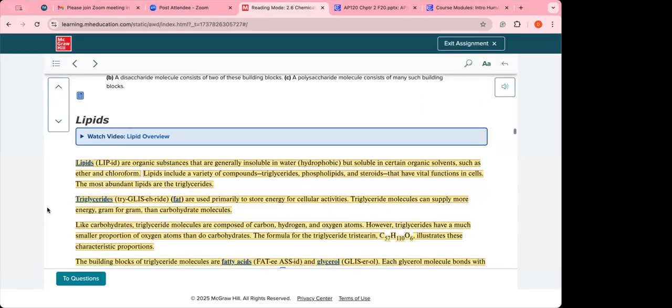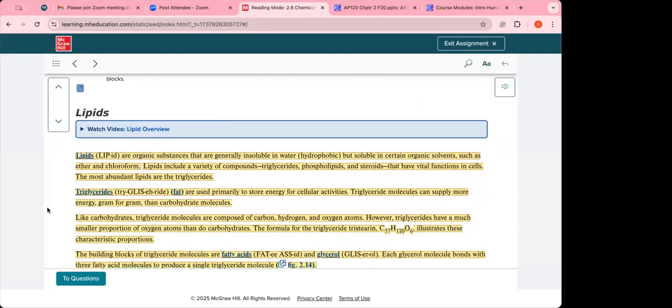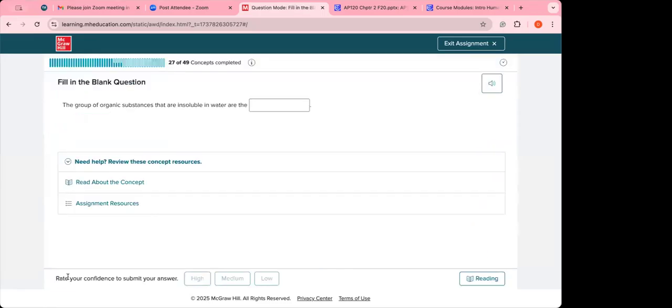Lipids are organic substances that are generally insoluble in water, but soluble in certain organic substances such as ether and chloroform. Lipids include a variety of compounds, including triglycerides, phospholipids, and steroids that have vital functions in cells. So lipids are organic substances that are generally insoluble in water. Lipids.